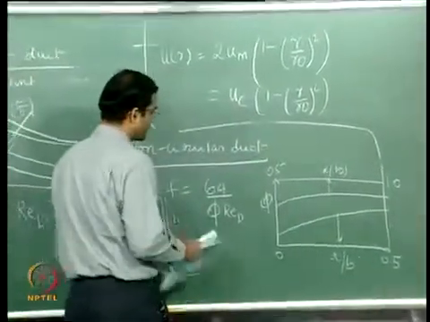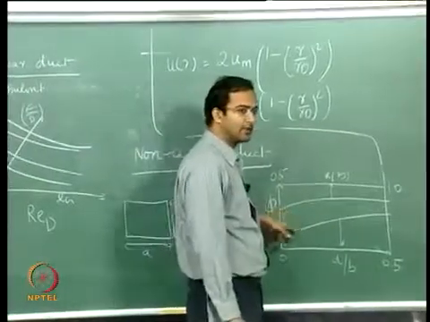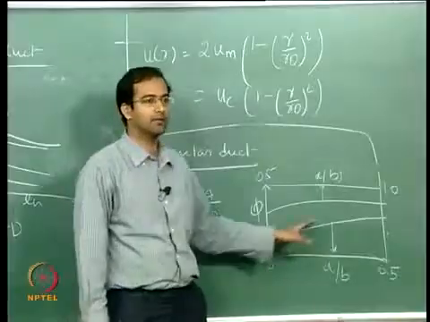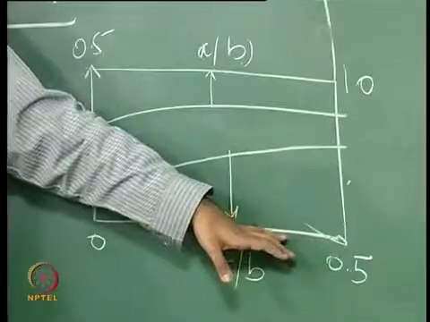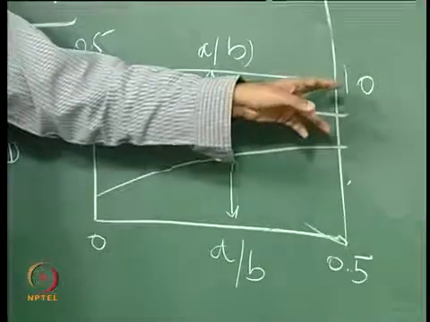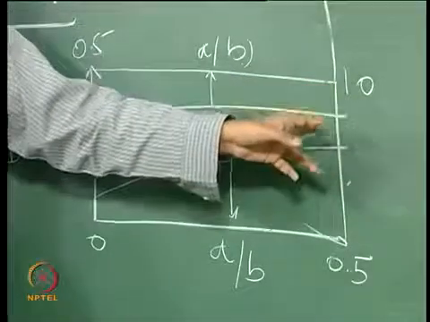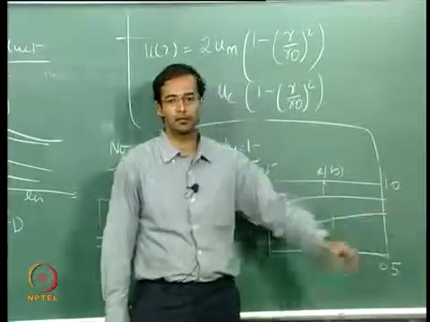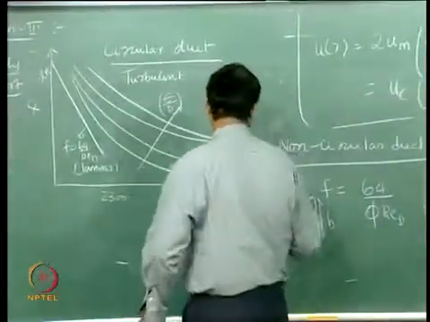At the limiting value 1, phi becomes 1 basically, so it becomes equal to a circular cross section, a square cross section.